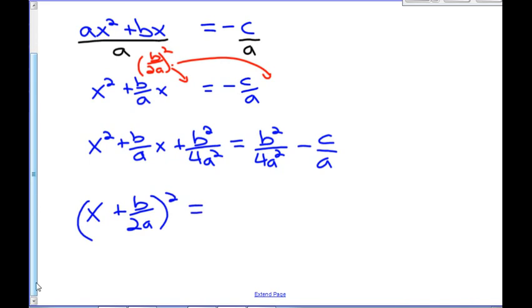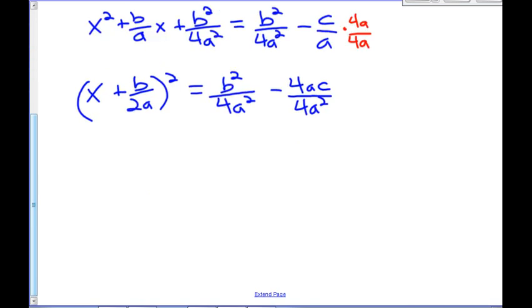On the right-hand side, we're going to need a common denominator. So that means multiplying this by 4a so that we can put these things together. b squared over 4a squared minus, well, that'll be 4ac all over 4a squared. Or put those together.